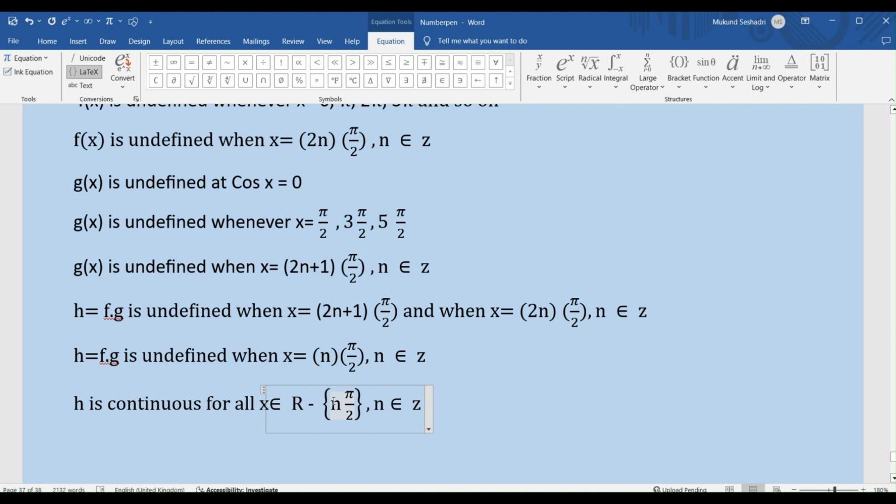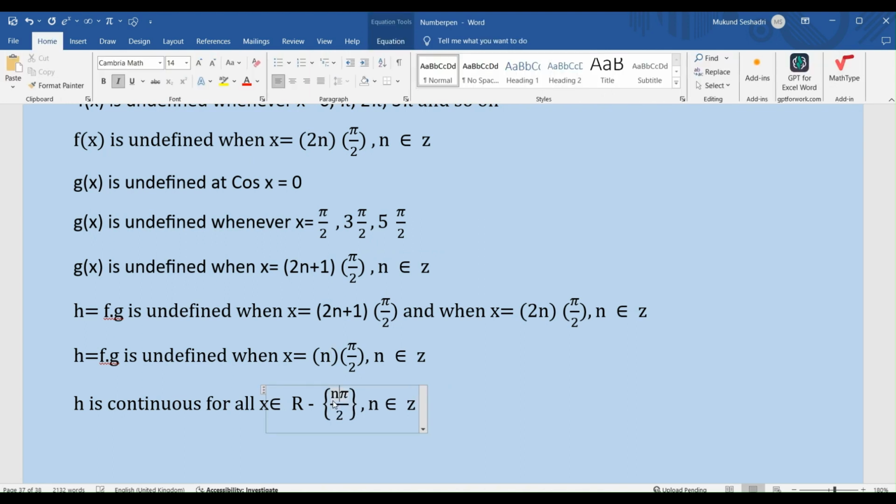So this is how we write it, right? So therefore, h is continuous for all x belonging to R except n pi by 2, where n belongs to Z, which is nothing but your set of positive and negative integers inclusive of 0, right? So that's how we represent our final answer.